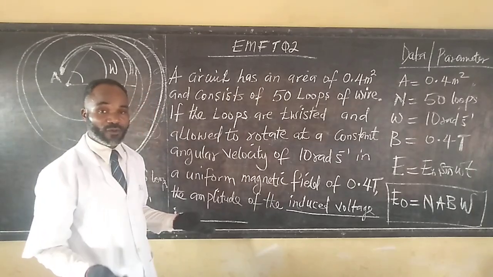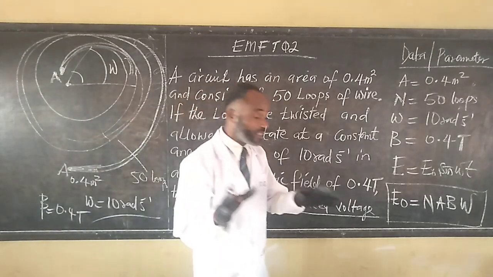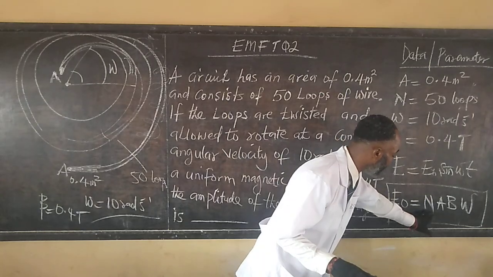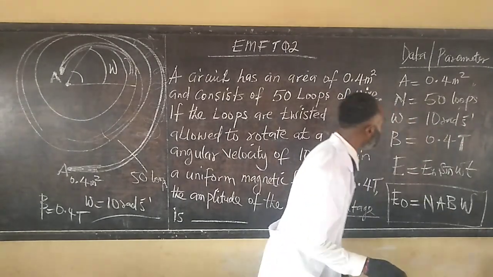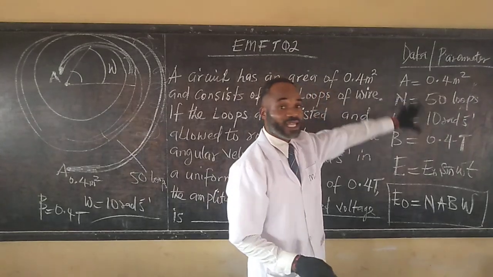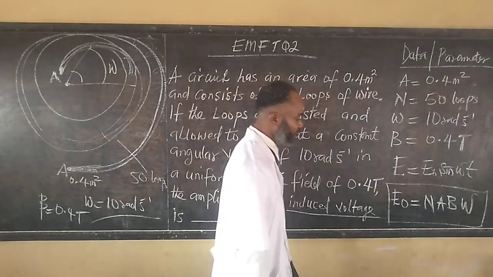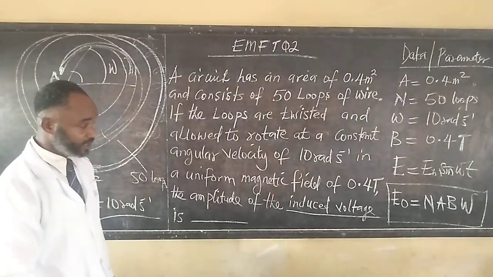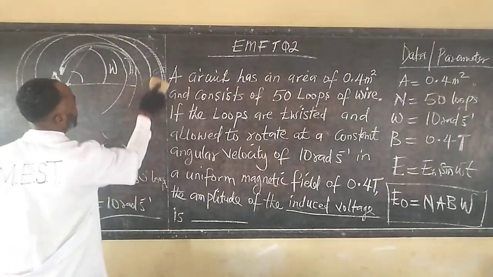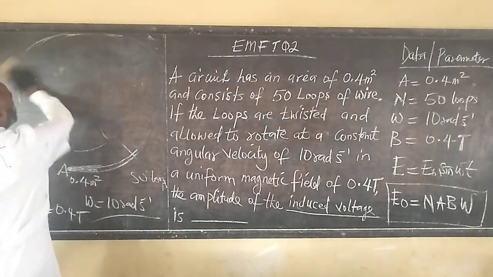So what next are we supposed to do? We wisely substitute according to these letters, N, A, B, and W. Let's see how it plays out quickly.